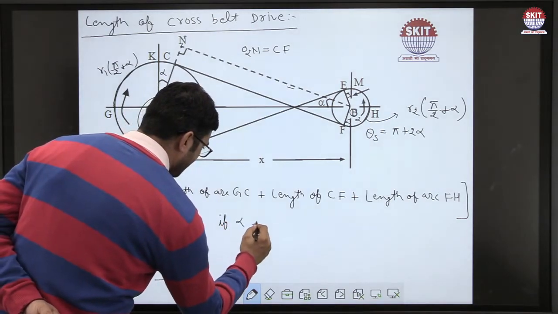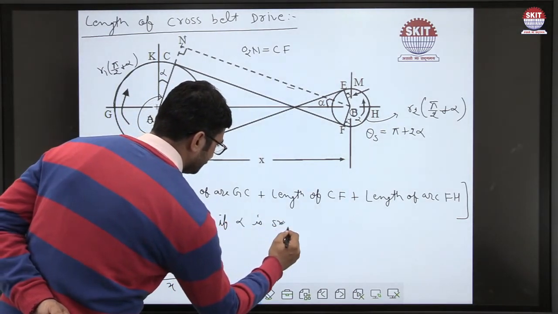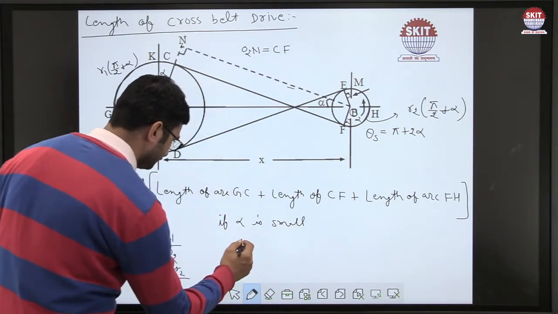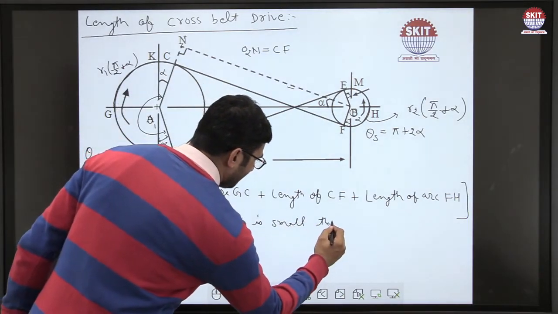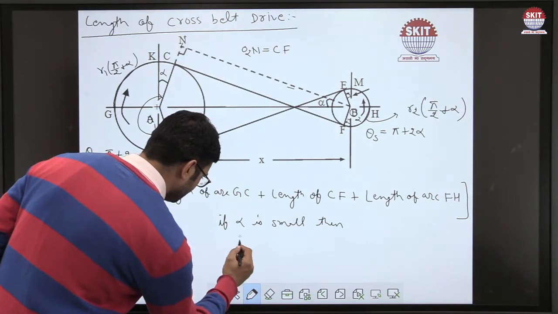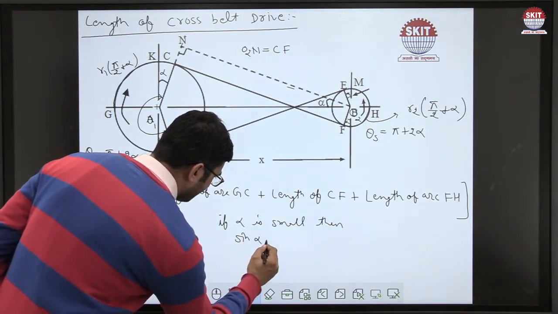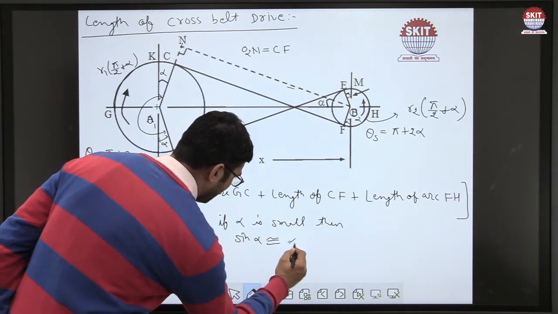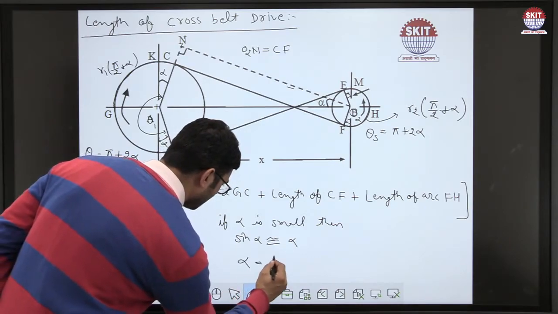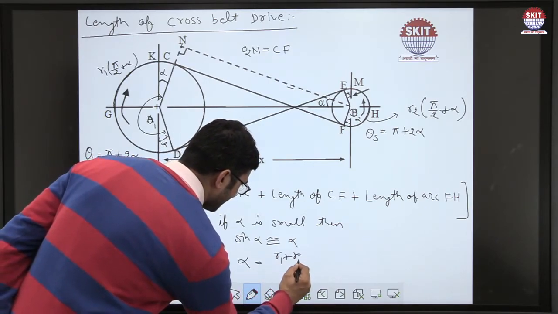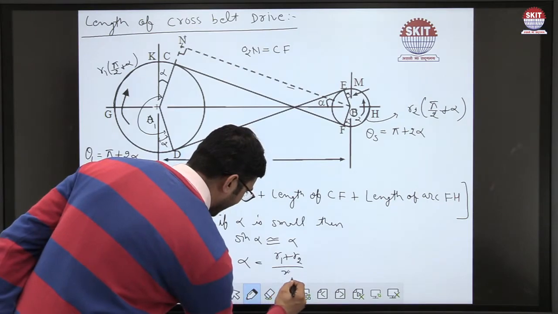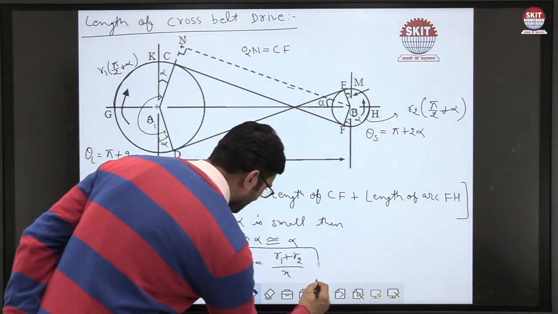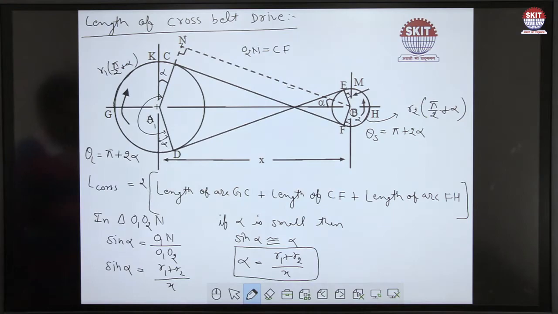If alpha is small, then sin alpha is approximately alpha, and the value of alpha equals (R1 plus R2) upon x. This is the value of alpha in cross belt drive.